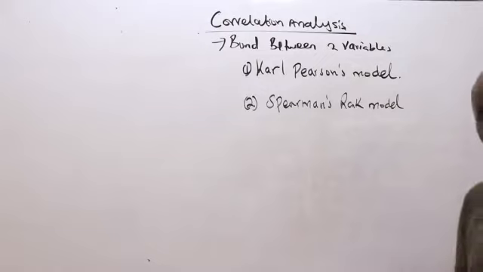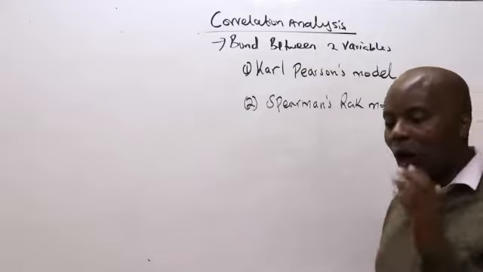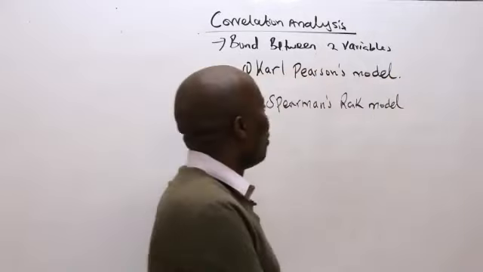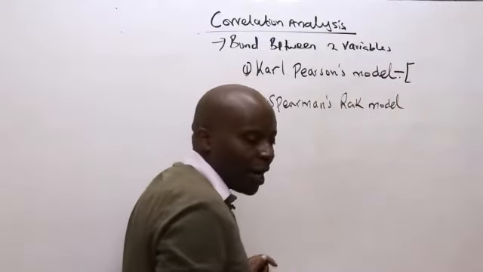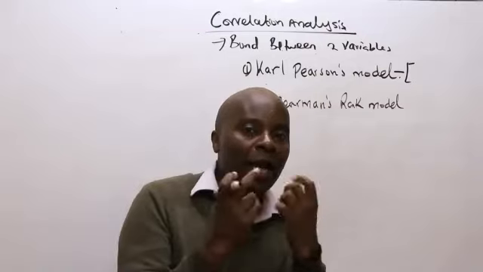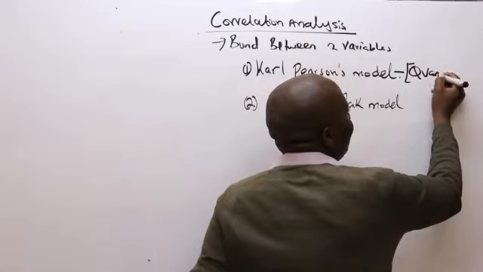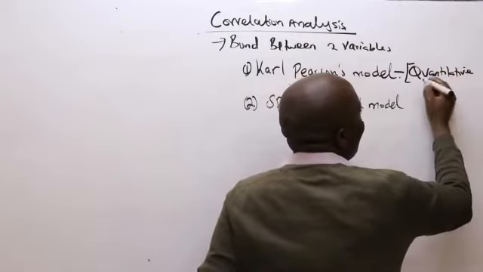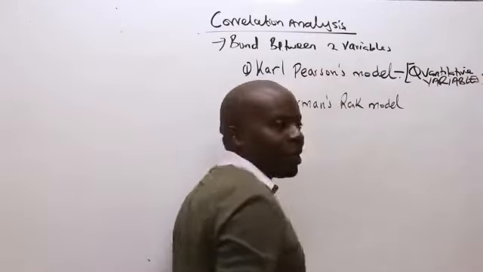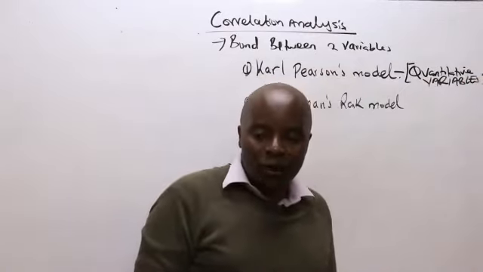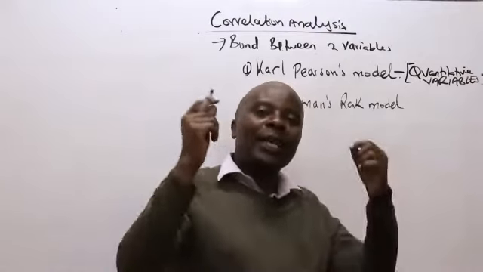Of course, the examiner will always want you to differentiate between these two models. The Pearson's model is normally used where the variables whose bond you are evaluating are quantitative in nature. Quantitative variables are those that are measurable, variables that you can count, that you can attach numbers to.